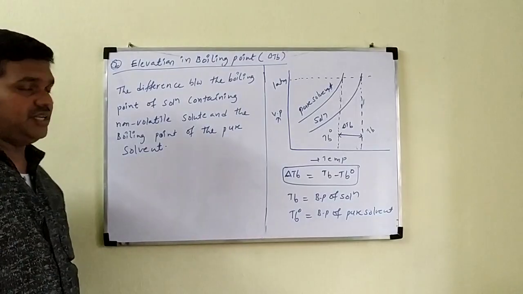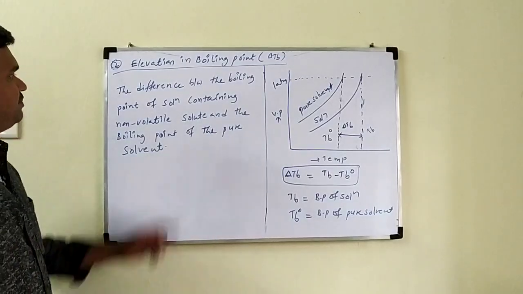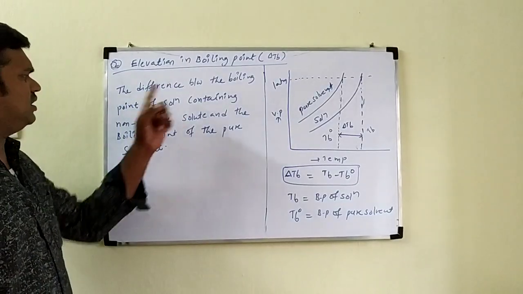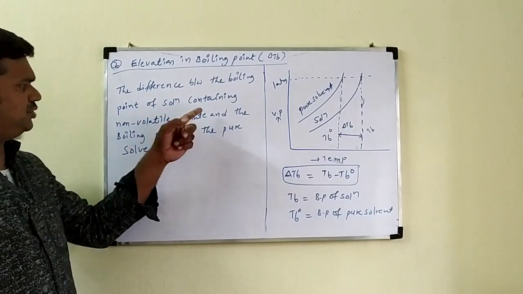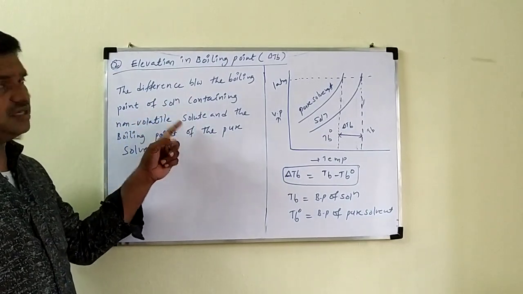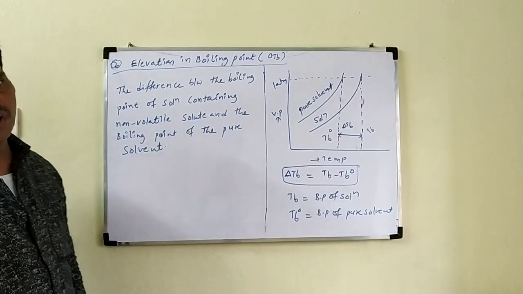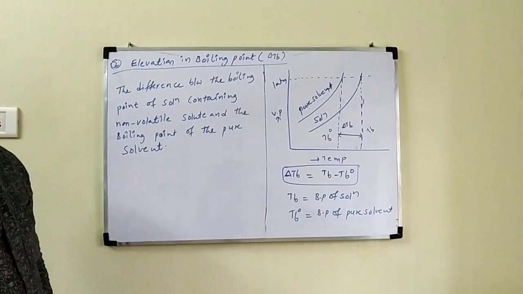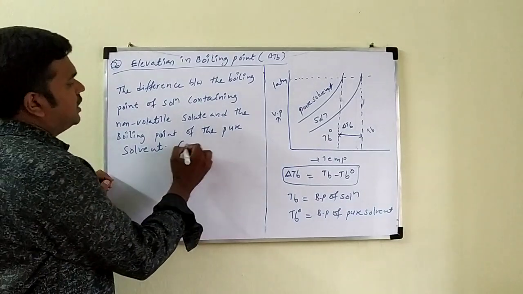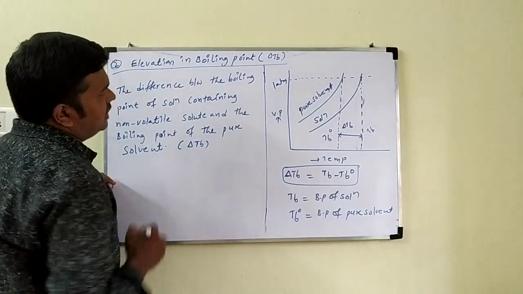Now we can see the definition of this elevation in boiling point. The difference between the boiling point of the solution containing non-volatile solute and the boiling point of the pure solvent is called as what? Elevation in boiling point. It is denoted by delta TB.